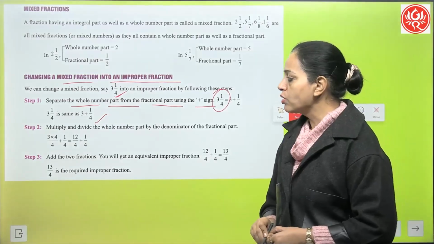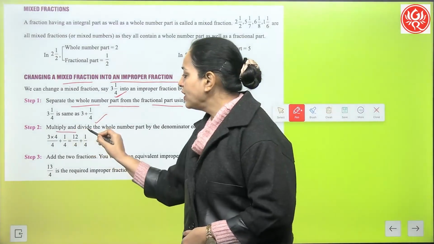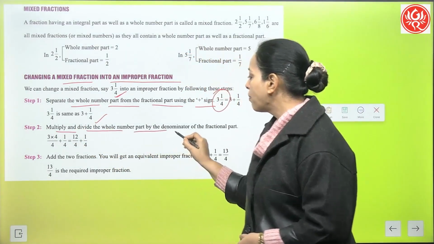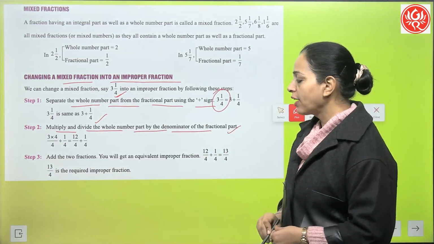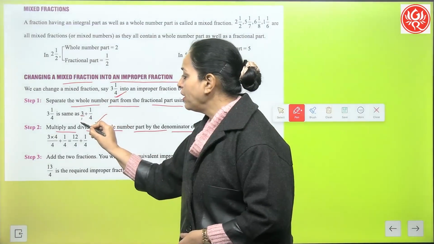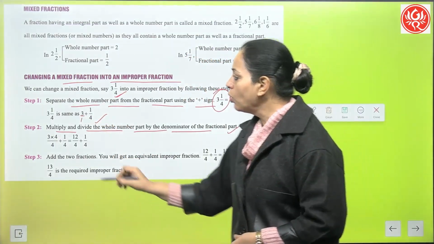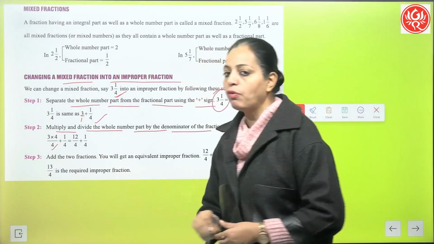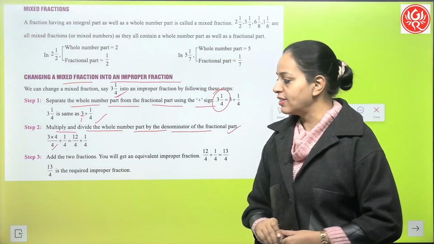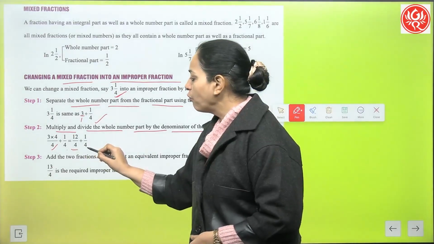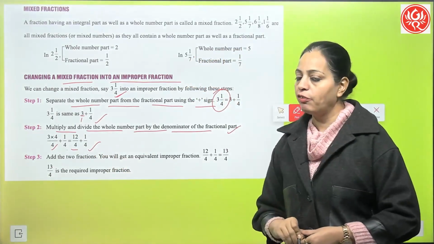Okay. Now step 2: multiply and divide the whole number part by the denominator of the fractional part. What will we do? Here 3 means 3 by 1. So what to do? 3 into 4 and 1 into 4, right? And plus 1 by 4 as it is. So it becomes 12 by 4 plus 1 by 4.